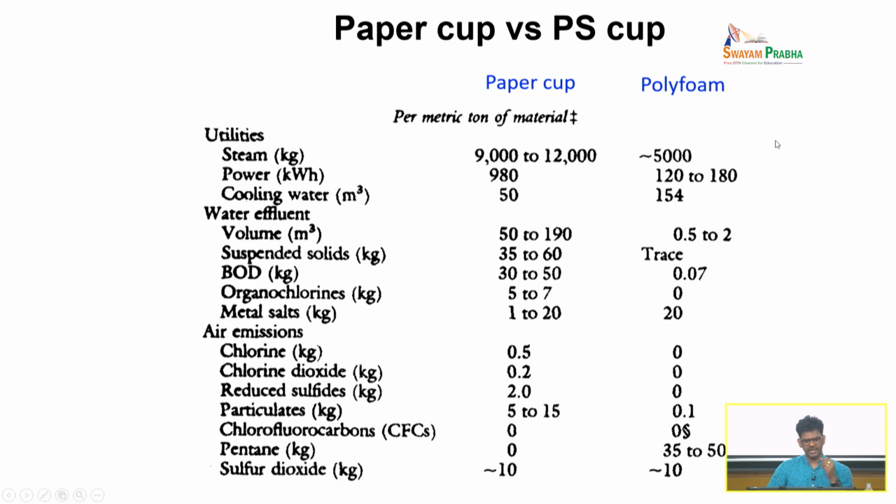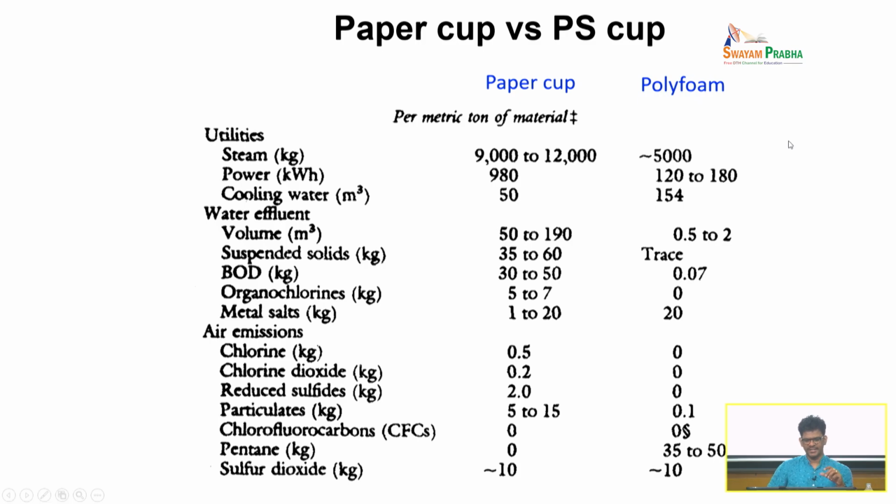And then there is some sort of cost estimate that says that if a polystyrene foam based cup costs rupees X, the paper cup is going to be about 250% more. That is because of all the energy cost and material cost that is involved. So that means by moving to a paper cup, you are basically making the customer pay more. So here we are looking at various comparisons.